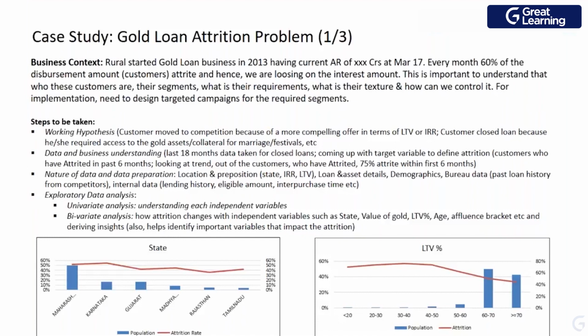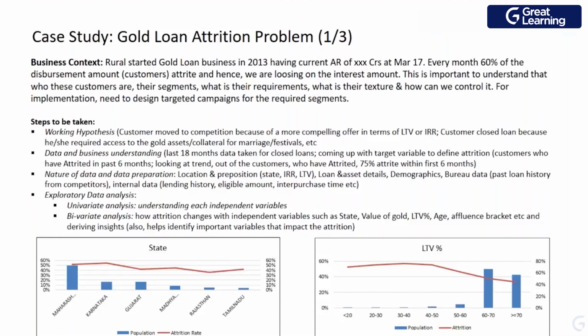So I've given two examples here. If you see, states Maharashtra and Karnataka comprise about 70 to 80% of your attrition, which means that these are the two states that you should probably be targeting. And in terms of LTV percentage, the inference clearly shows that people with lower LTV tend to attrite more versus people with a higher LTV percent, who tend to attrite less, which is very natural.